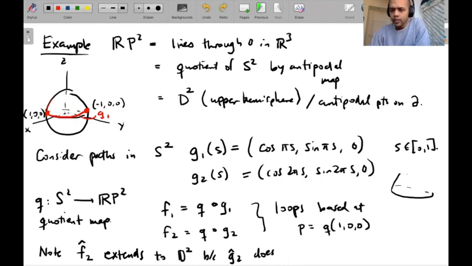Well, the image of G2 is this loop that goes all the way around the equator. And clearly this bounds a disk. It bounds exactly the upper hemisphere. And so this map extends to a map of the disk.